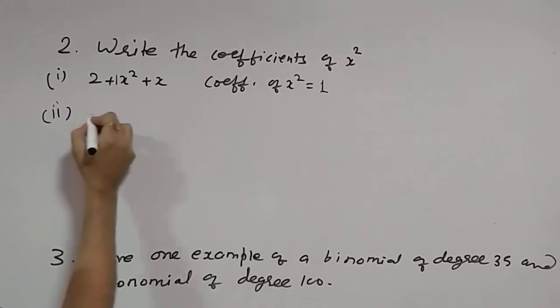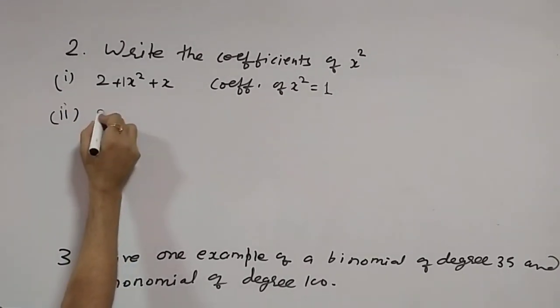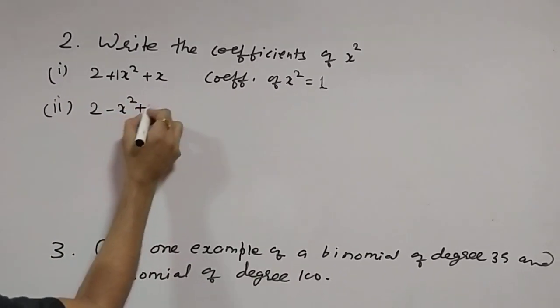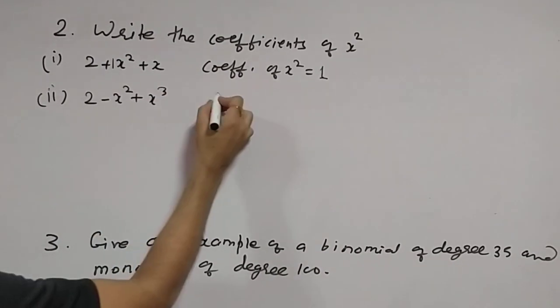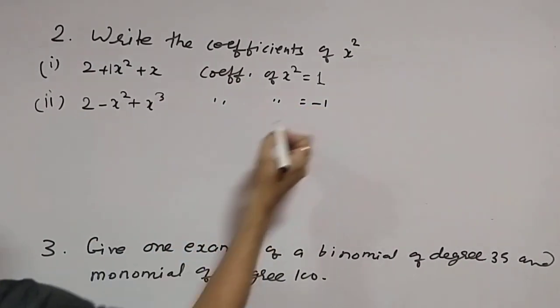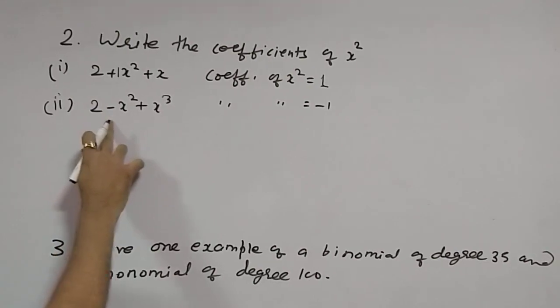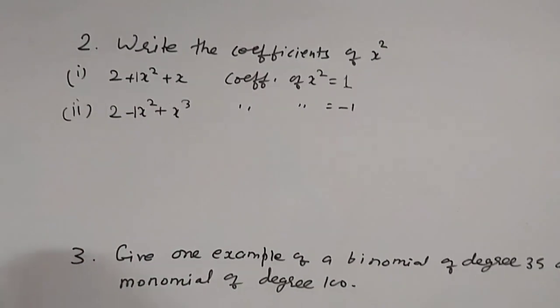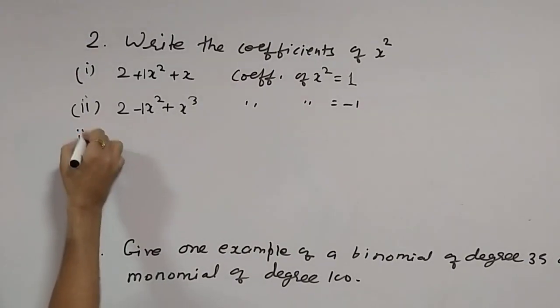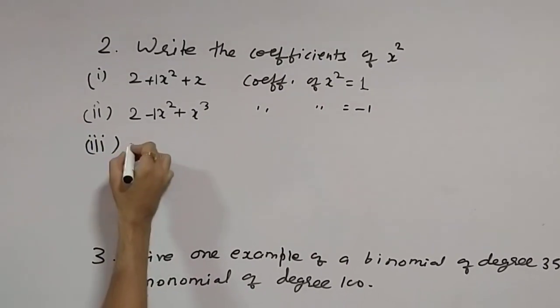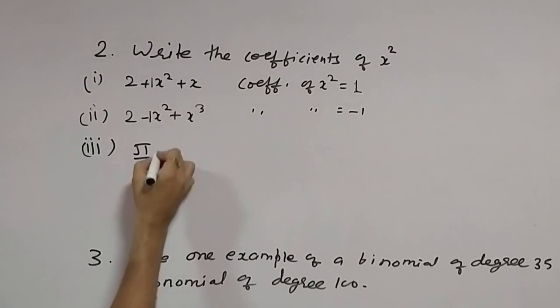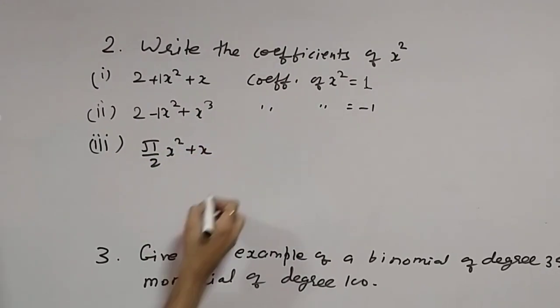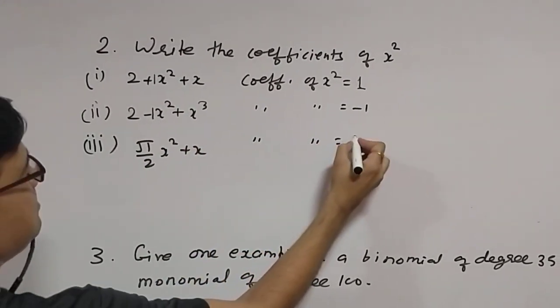Second, the coefficient of x square in this, so here the coefficient of x square is minus 1, because you can write minus 1, so the coefficient is minus 1. Next is pi by 2 x square plus x. The coefficient of x square is pi by 2.